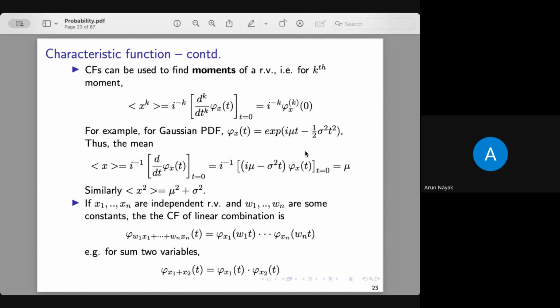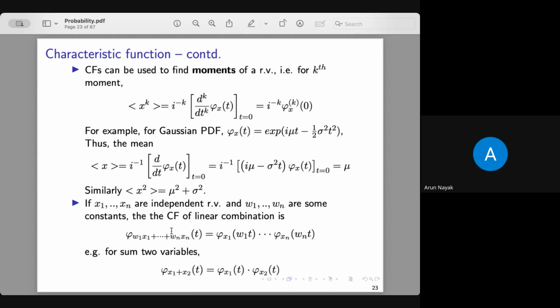Another one is that if you want to make linear combinations, that is my second point here. If we have random variables x1 to xn, and we want a linear combination of these variables, say y, which is a weighted linear combination of xi with weights wi, then you can write the characteristic function of y like this.